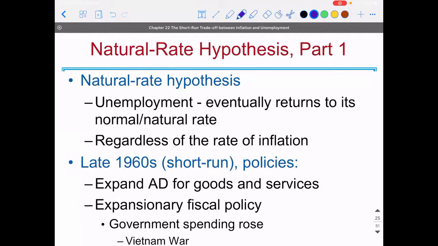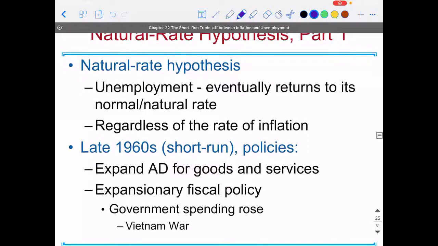And to some extent, you did see this in the late 1960s. The problem is that the Federal Reserve chairman at the time also pumped a lot of money into the economy, engaged in expansionary monetary policy to cover lots of government spending.